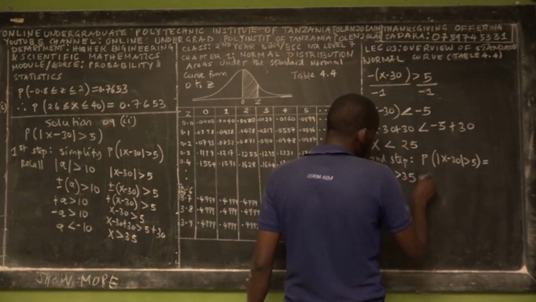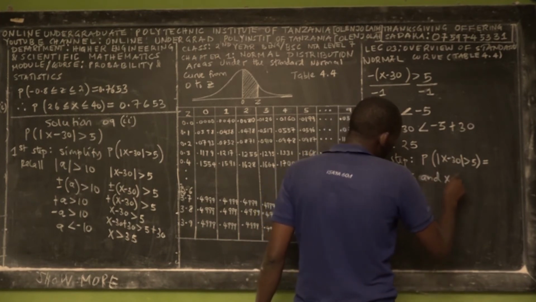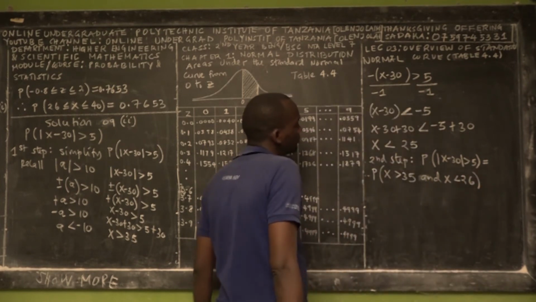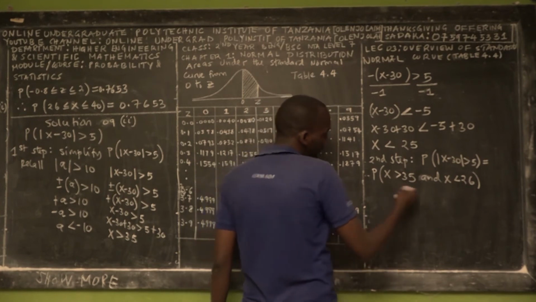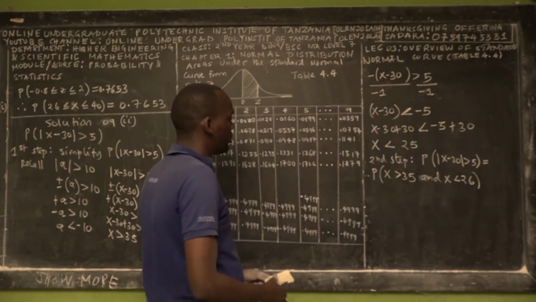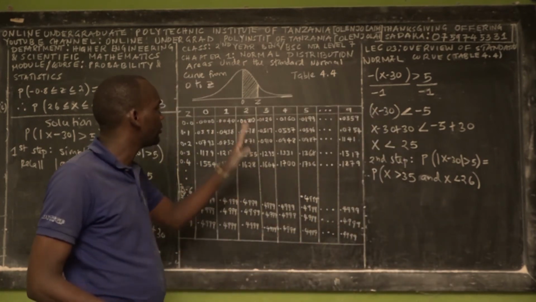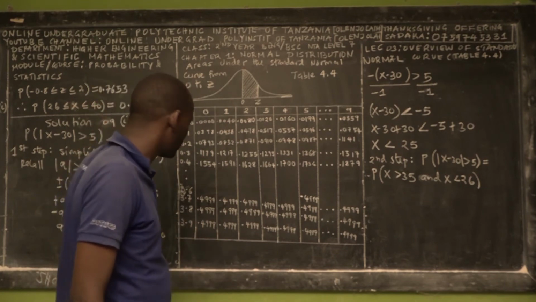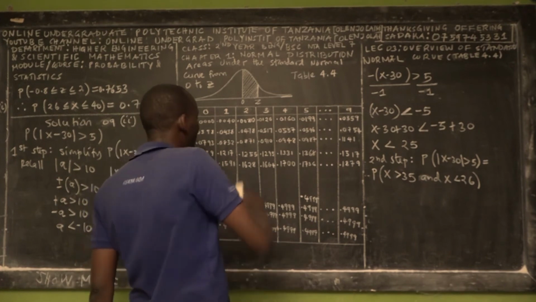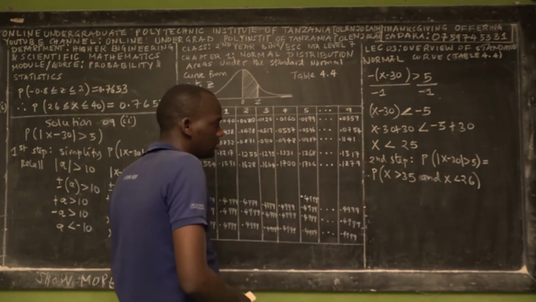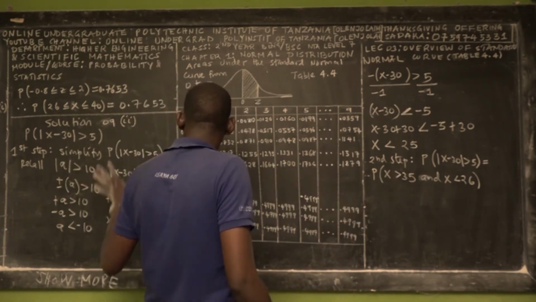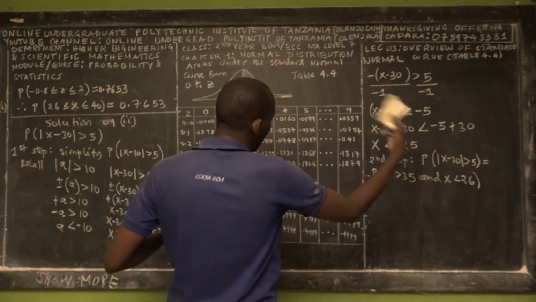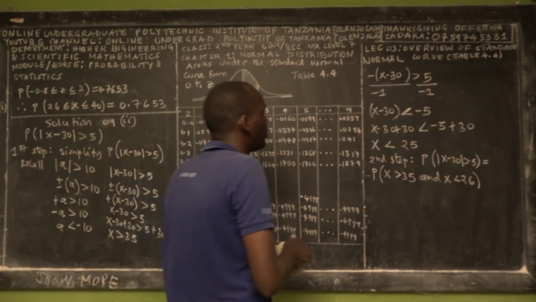Remember that x less than 25 is the left hand side of the standard normal curve, and x greater than 35 is the right hand side. Why? Because the mean of the distribution is 30, so 35 is on the right hand side, while 25 is on the left hand side.